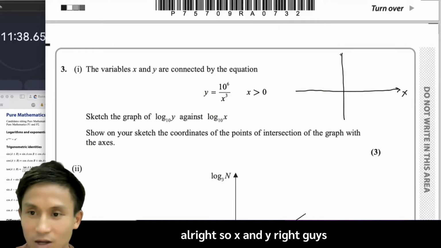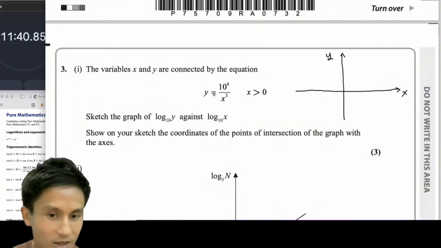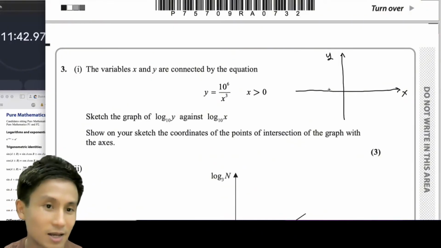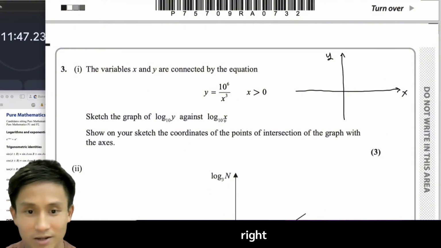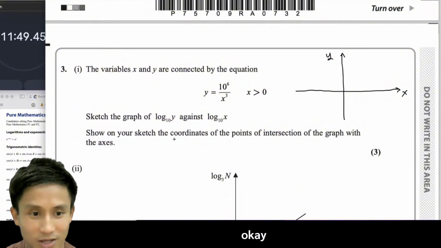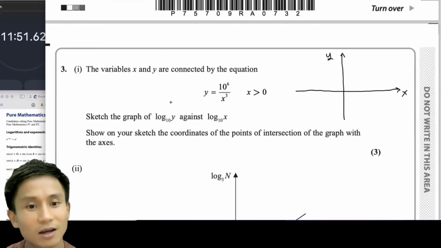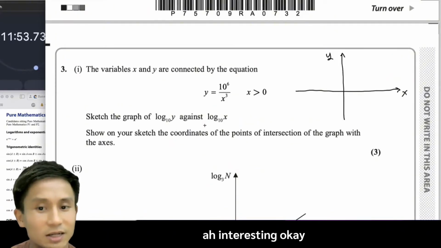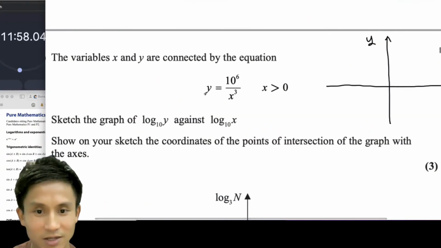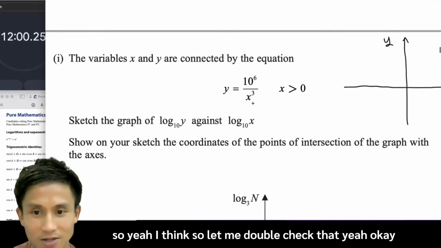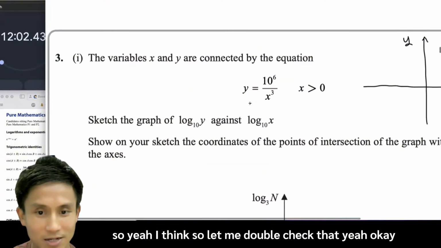All right, so x and y, right, guys? Interesting. Okay, so I think we need to simplify this equation first. Let me double check that.